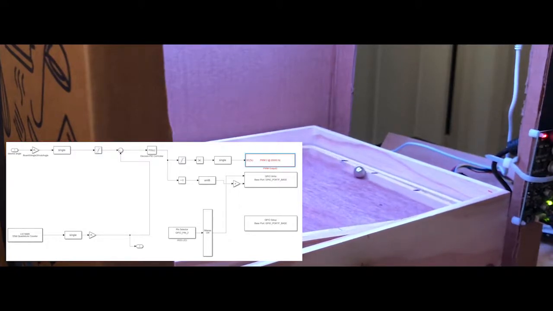As I said earlier, there's two PD controllers. One is controlling the ball and deals with the response to the ball dynamics.